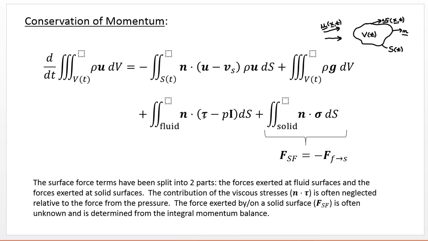One, it's typically smaller than the pressure force, and two, in order to compute this, we need to know details of the fluid velocity profile. These are usually complex flows in complicated systems, and as a result, we don't typically know the details of the velocity profile, and so we don't know the viscous stress tensor, and we can't really compute the viscous stresses exerted on the control surface. And as I said, they're almost always small relative to the pressure stresses and pressure force anyway.